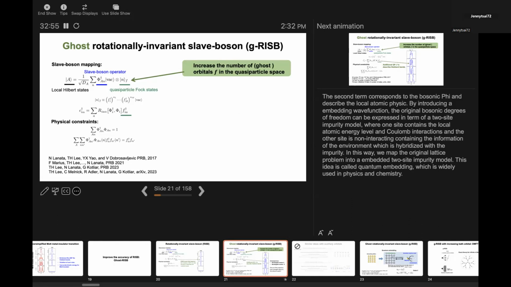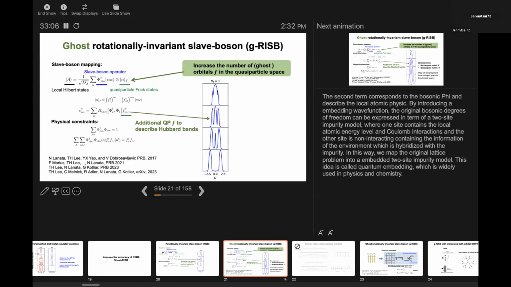So this phi will act like a projector that maps the enlarged Fock states back to the physical states. And we found that by adding additional quasi-particles, for example two, these two quasi-particles allow us to capture the higher-energy Mott excitation in the spectral function.